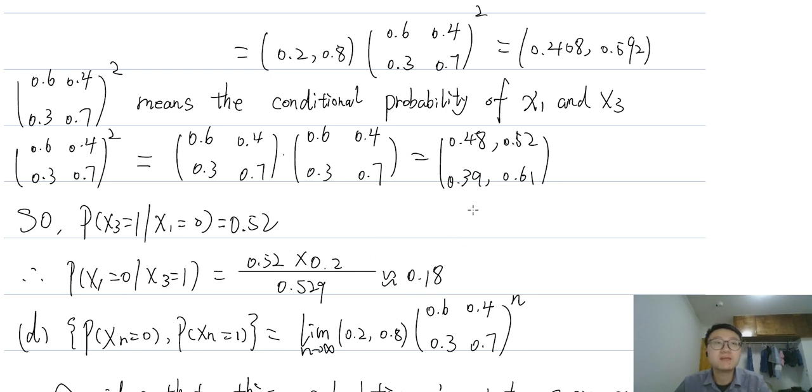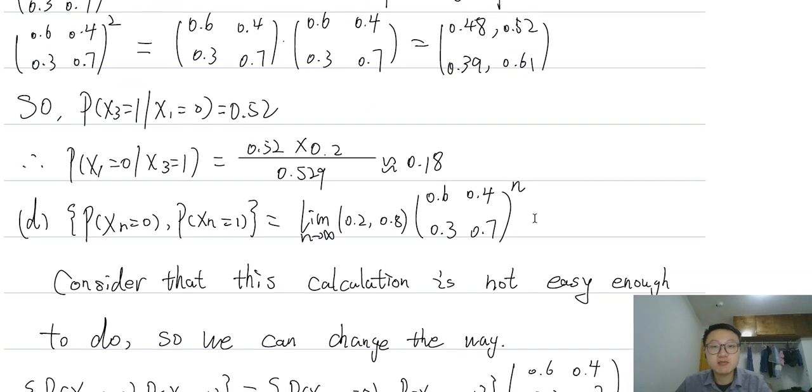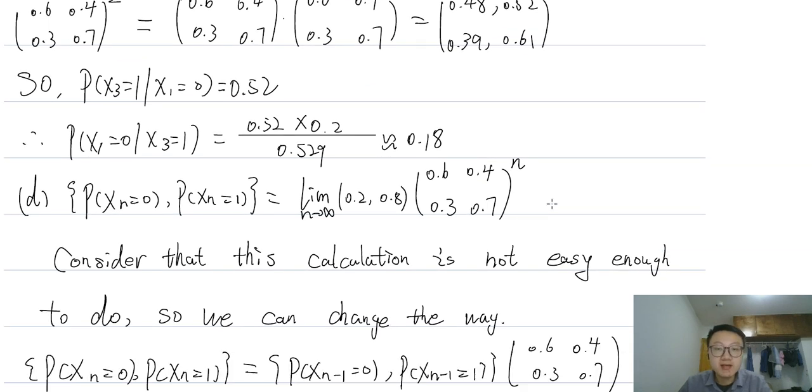The last question in question 2 is: find the limit, as n goes to infinity, of the probability that xn is equal to 0. Just like what I said in question B and question 3, we can get the result of the probability like this one.